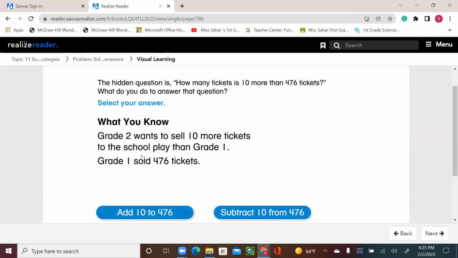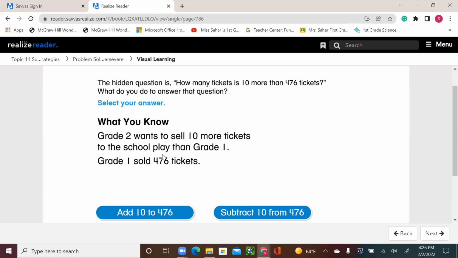All right, so let's break this information down. As you see, it's lots of information, and I need to get the information I need and the information that will help me to go. So it's a more than one step question. Don't just look at numbers and say, okay, I'm going to subtract these two numbers or I'm going to add these two numbers. No, the hidden part was that Grade 2 wants to sell 10 more than Grade 1.